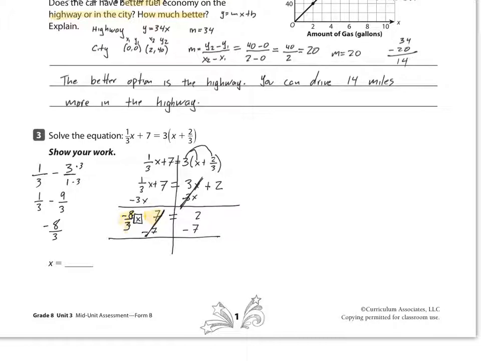This one will cancel, and you're left with negative 8 over 3 x is equal to negative 5.